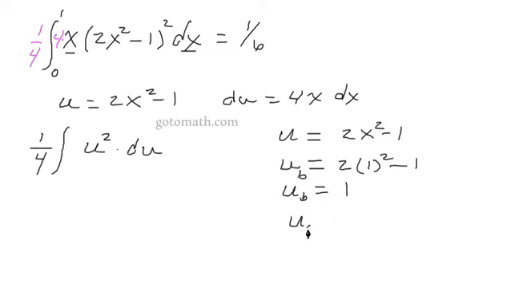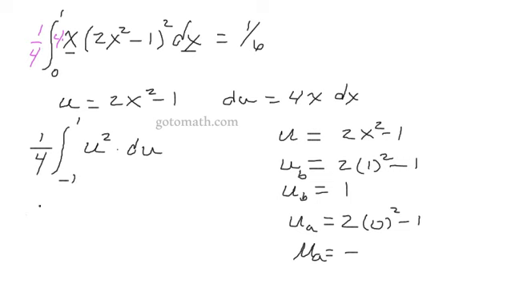Then we want u at a, so this is 2 times 0 squared minus 1, and that becomes negative 1. So we write that in. This is 1 and negative 1.